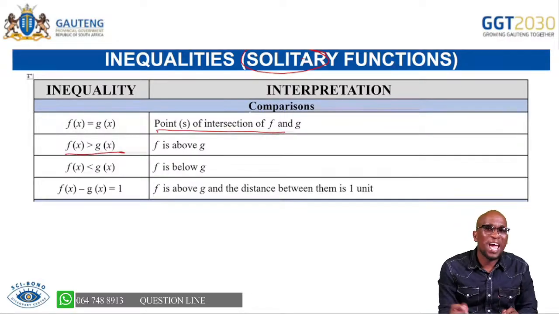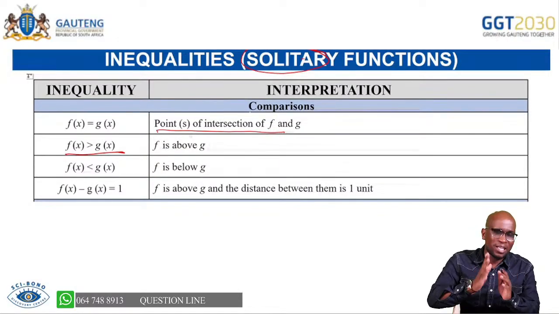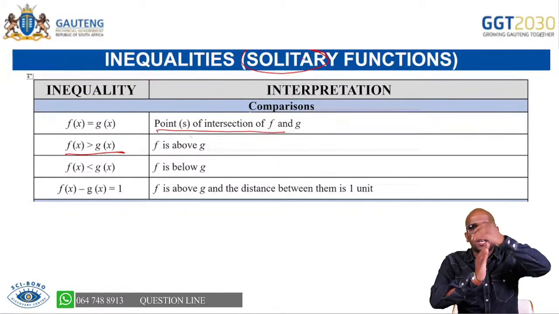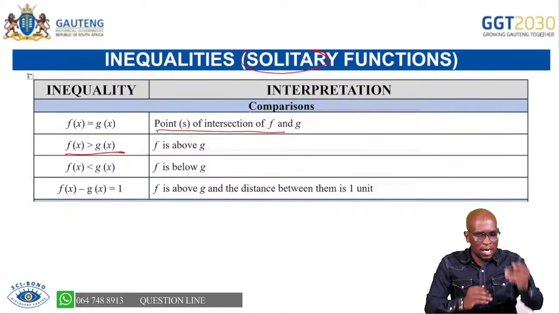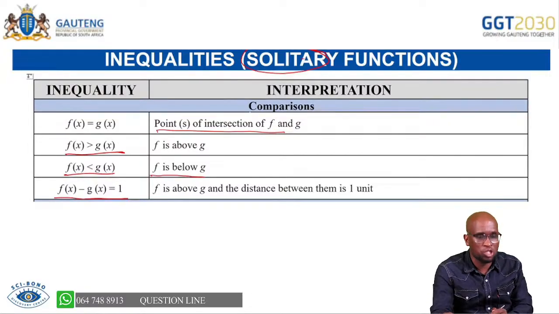But now when f of x is greater than g of x, you are looking at the region where the graph of f is above, on top, and then the graph of g is below. When f is less than g, you are looking at f now below g, or g above f. And then there is a special case here, f of x minus g of x is equal to -1.